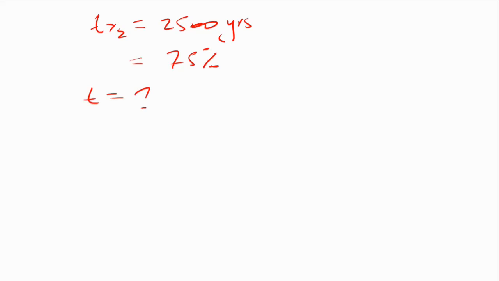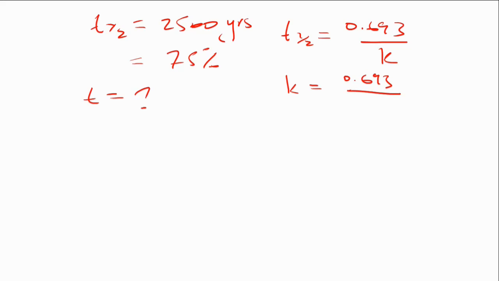Well, radioactive decay follows first order kinetics. That's the first thing. So given that I have the half-life, I will say half-life is equal to 0.693 divided by k. Since I have the half-life, I know I can find the rate constant. The rate constant then is 0.693 divided by 2,500.